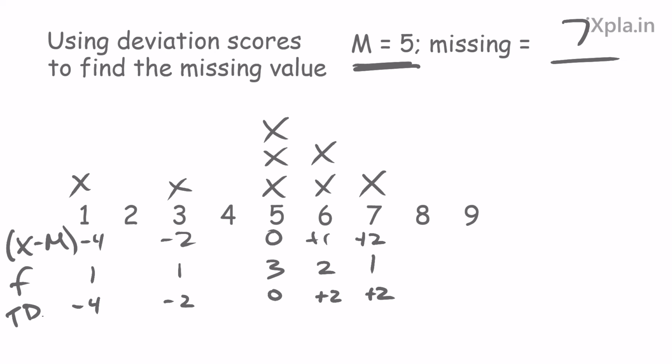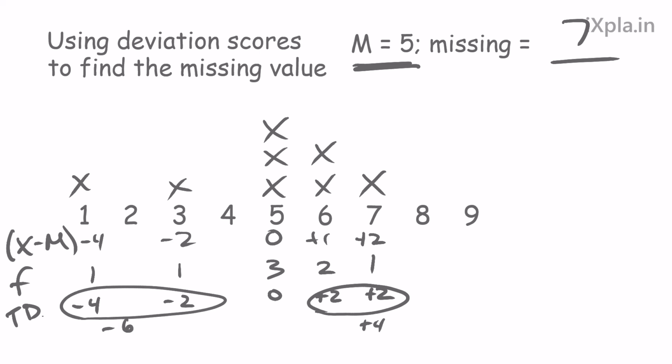So right now, we have +4 and -6. So we need 2 more plus deviations in order to balance out the -6.